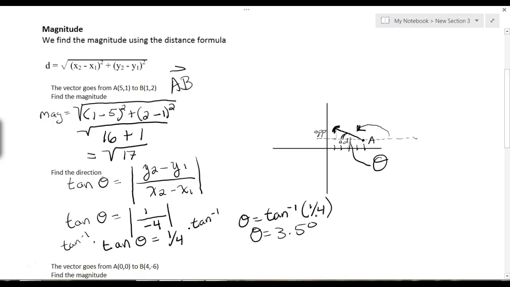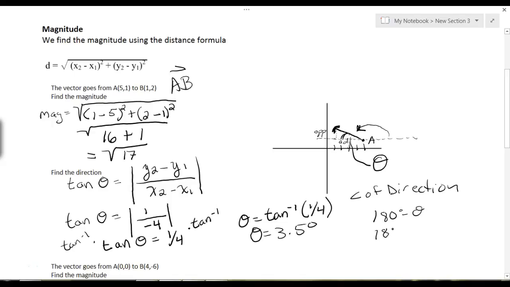Now if I remember up here, I found theta, this little angle here, but my actual angle of direction is the other side of my vector. So my angle of direction is actually going to equal 180 degrees minus theta.